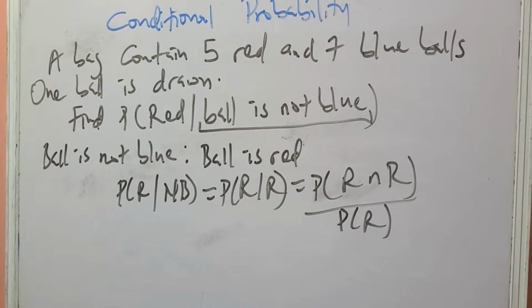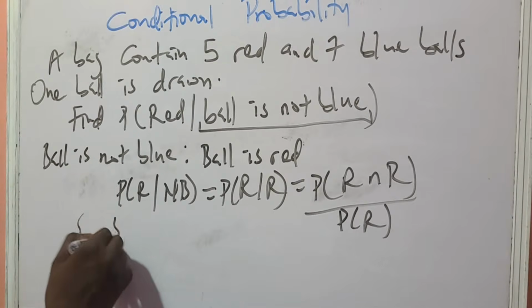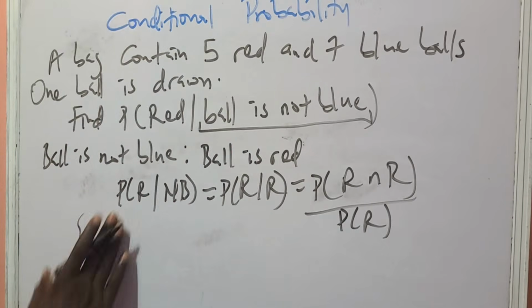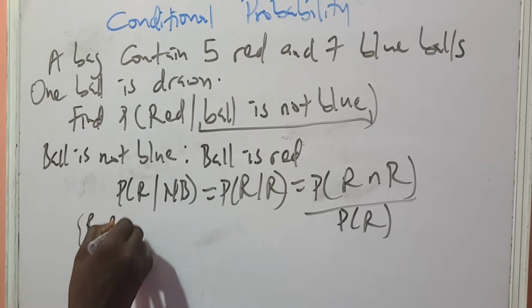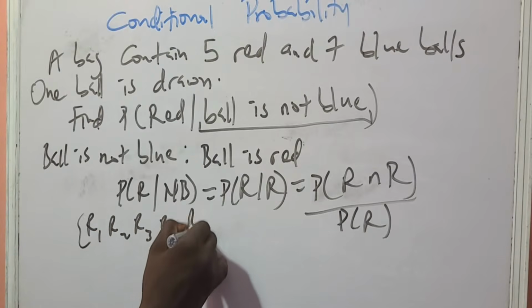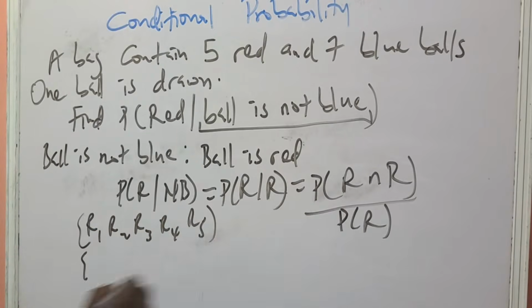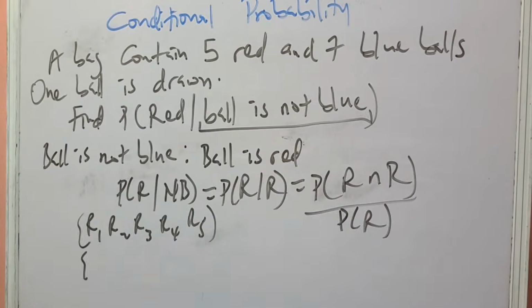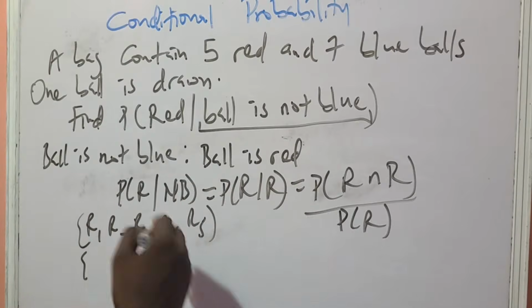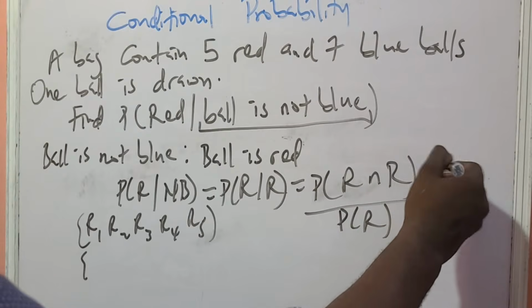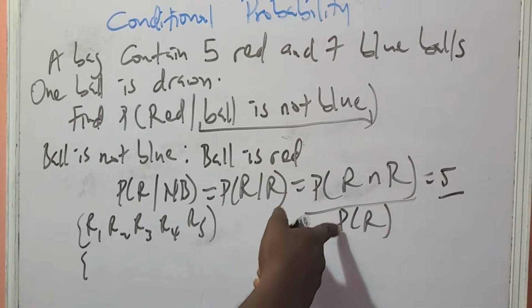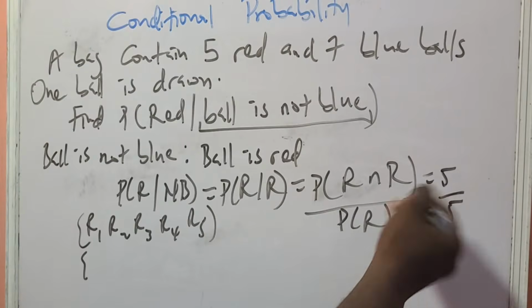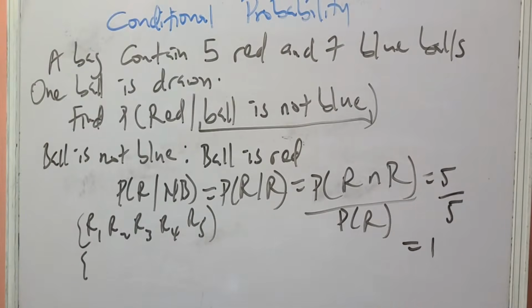Let me assume, of course, you have 5 red balls: red 1, red 2, red 3, red 4, red 5. You are now doing the intersection of red with red, so of course you get red also, everything in here. And what's the number of elements in that event space? Of course, 5. The probability of red, number of elements of red, is also 5. That'll be 5 over 5, which will give you 1. It's that simple.